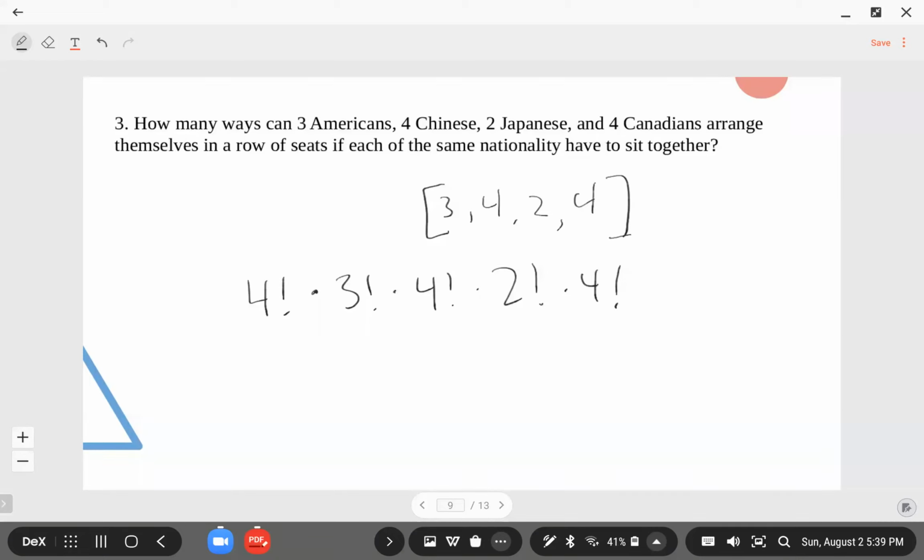And now if you just multiply everything, 24 times 6 times 24 times 2 times 24, that is the result. Quite a big number.